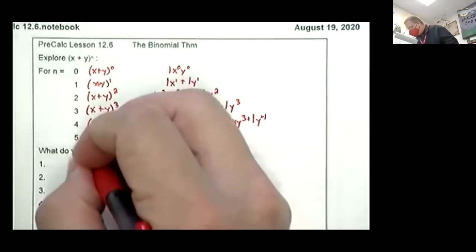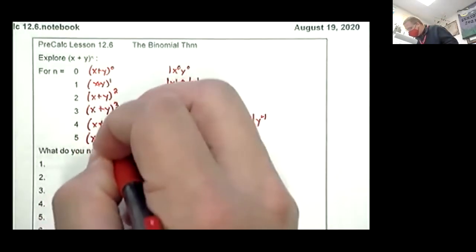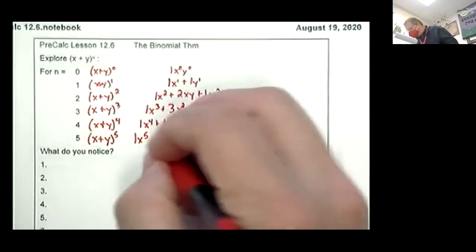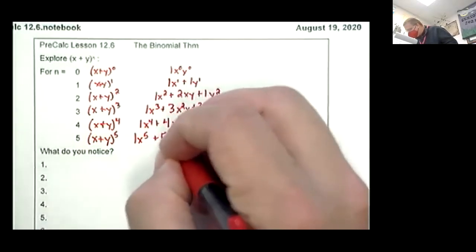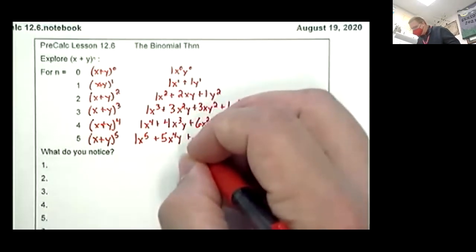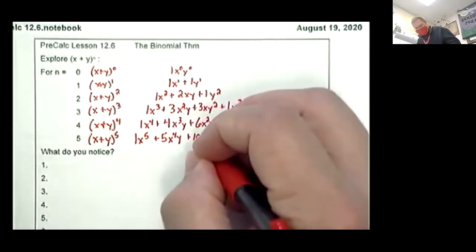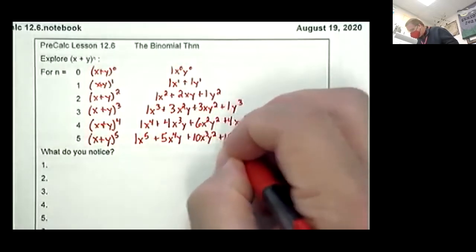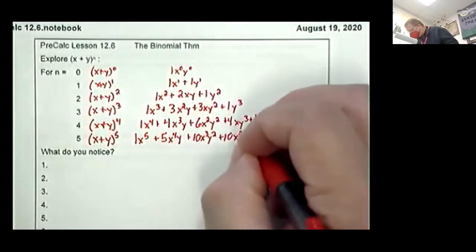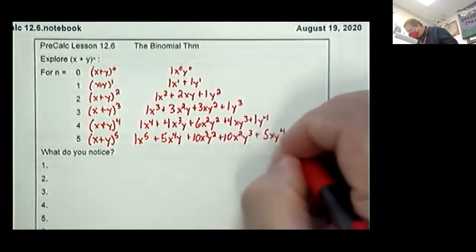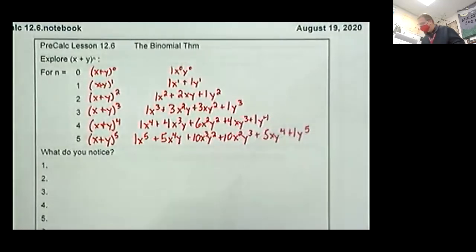And we're going to stop with x plus y to the 5th and see what patterns we can see. We get 1x to the 5th plus 5x to the 4th y plus 10x cubed y squared plus 10x squared y cubed plus 5xy to the 4th plus 1y to the 5th.